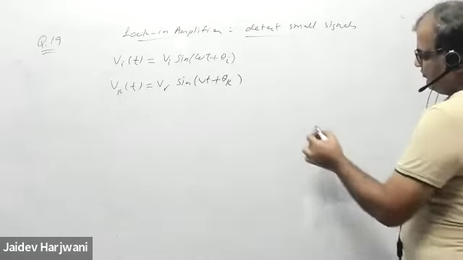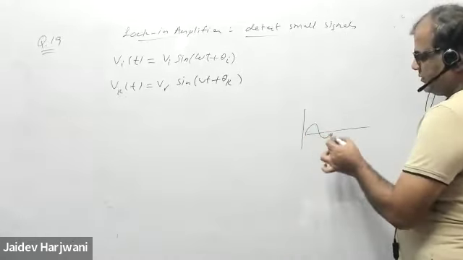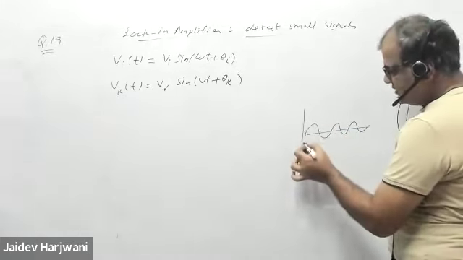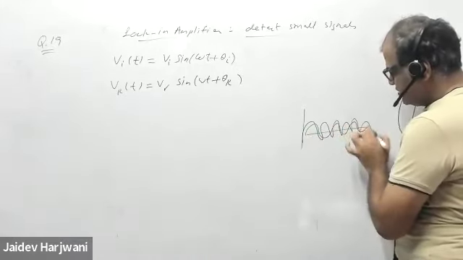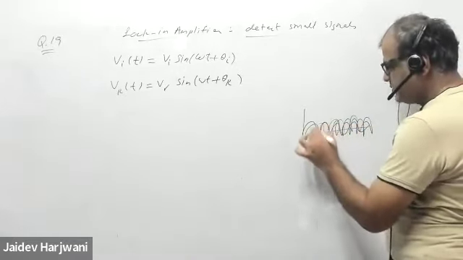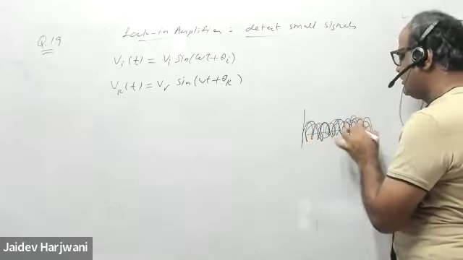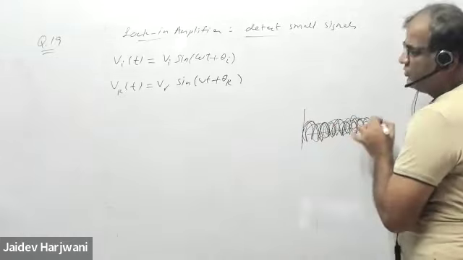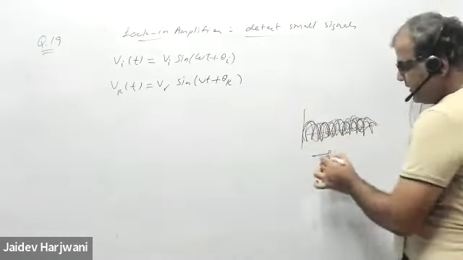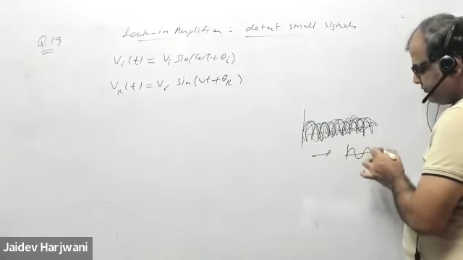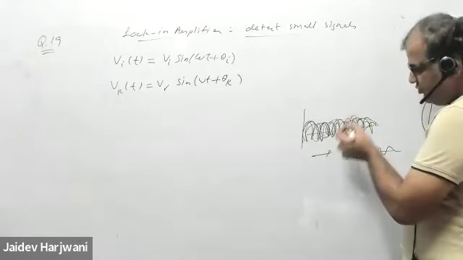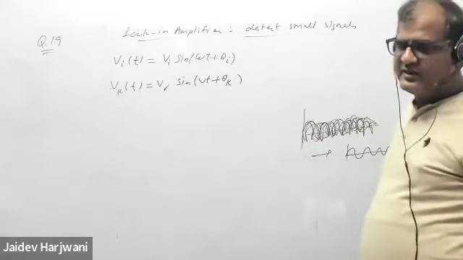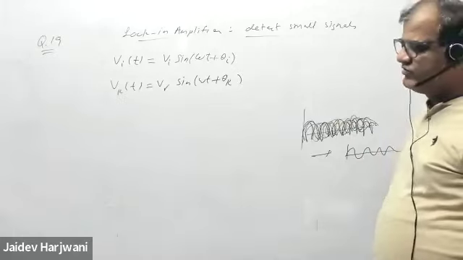Suppose so much noise is there in the signal. Even from this noise, it can separate out the small signal. You cannot judge what is inside, there is so much noise, but there is a small signal which is varying with frequency.